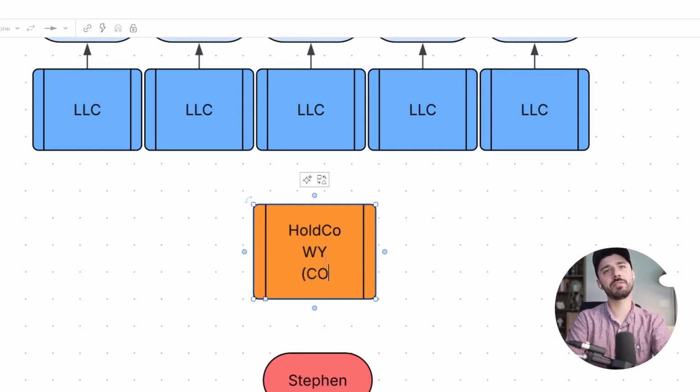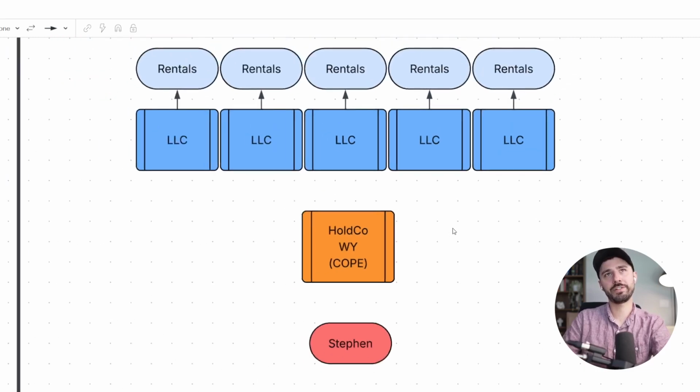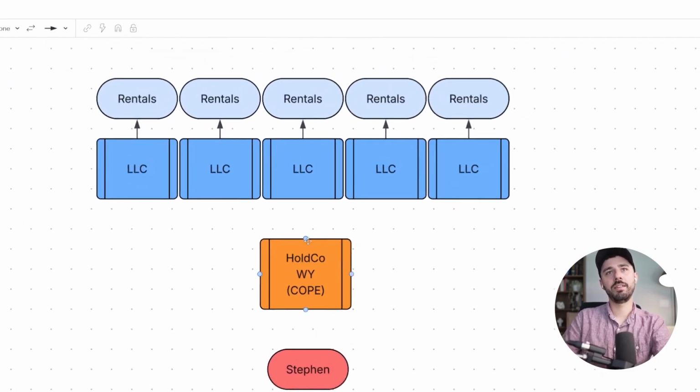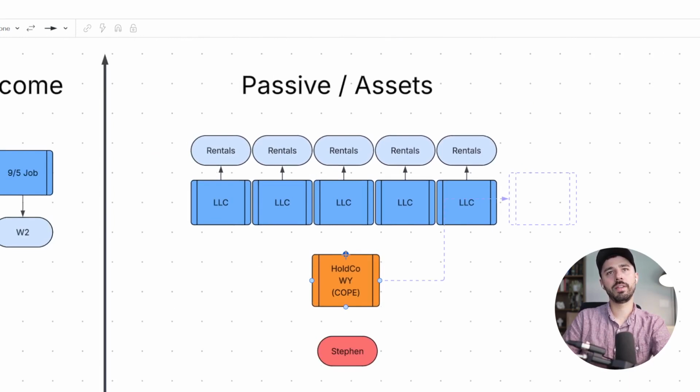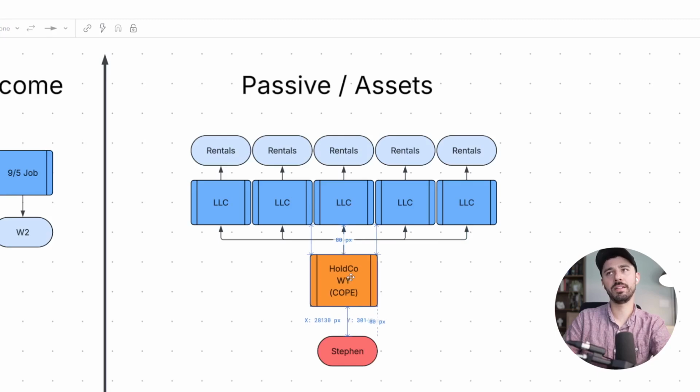And this is structured as a COPE, a charging order protection entity. And then the Holdco will own the interest in all the other LLCs. This is getting a little bit more complicated. Not everybody needs this. Some folks have more complexity, and then they'll do this.